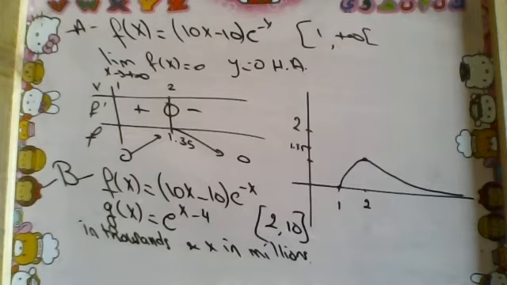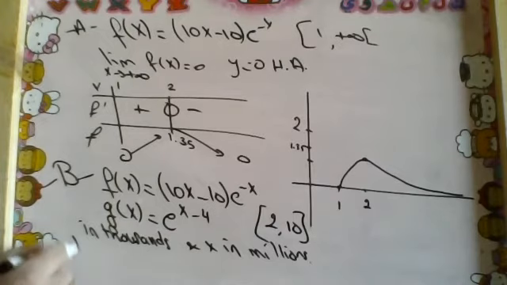Calculate the number of demanded objects for a unit price of 3 million. Yes, so f of 3.